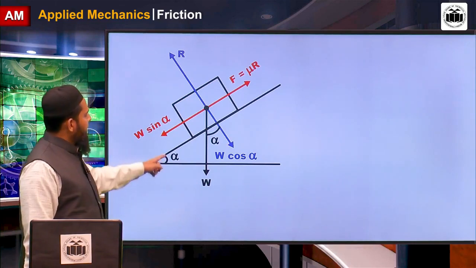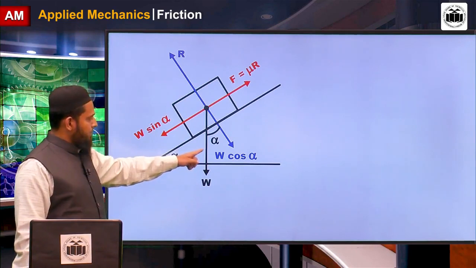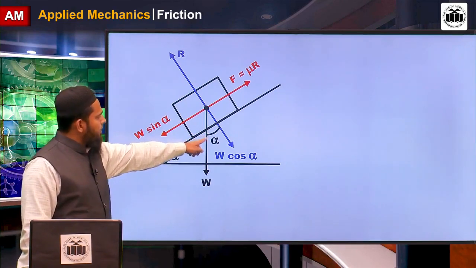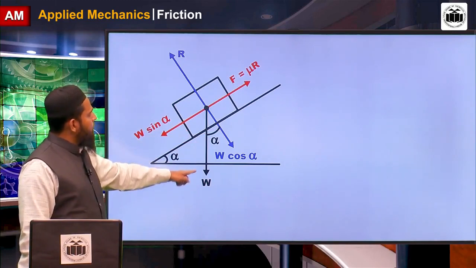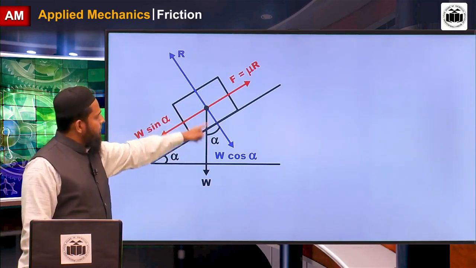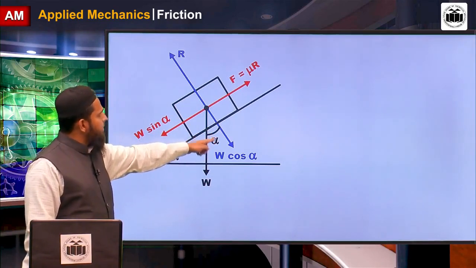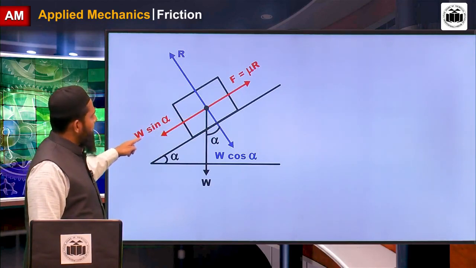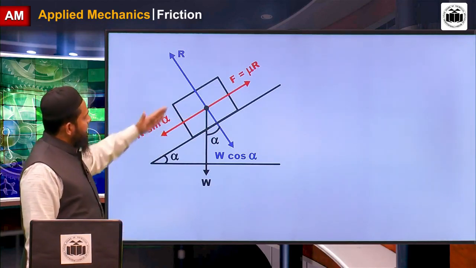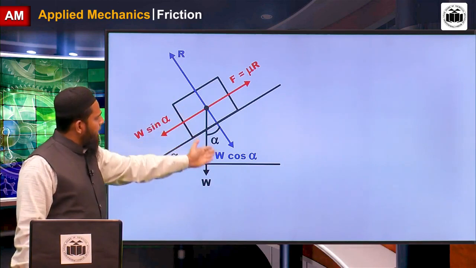This angle of inclination is now the angle of repose. By trigonometry, this is also the angle of repose. Resolve W into two components: one component is W cos alpha, which is adjacent to alpha, and the other component is W sin alpha. Please remember, you have to resolve along and across the inclined plane.